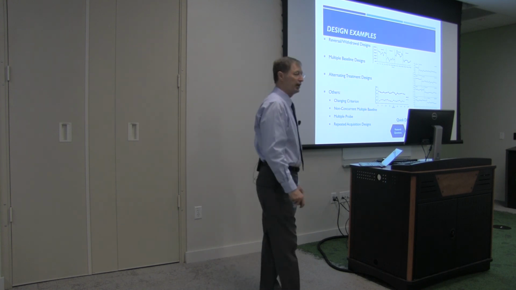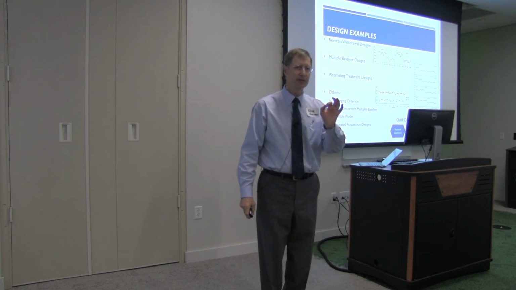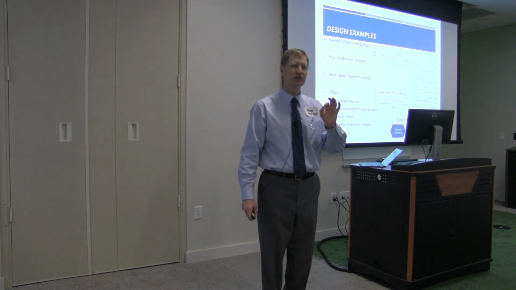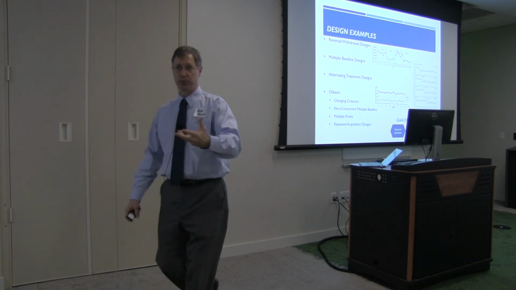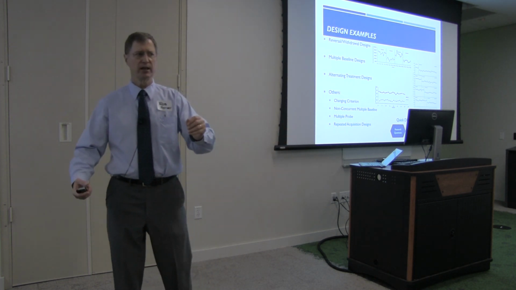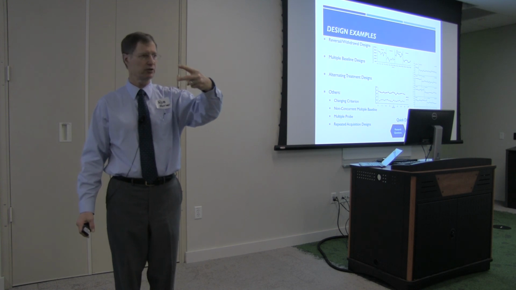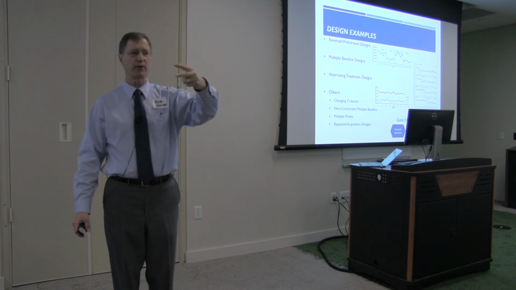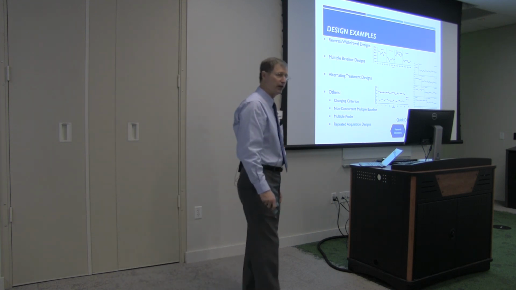Alternating treatments design. The alternating treatment design is different in the sense that rather than asking, does the independent variable produce a change over baseline, it basically says there are a minimum of 2 conditions. To what extent are these 2 conditions different in the way that they influence a dependent variable?